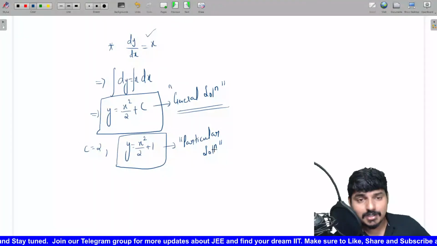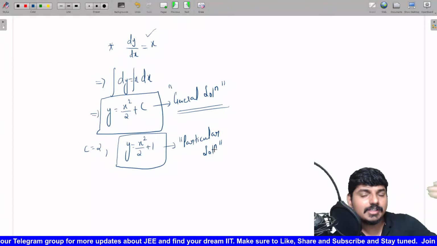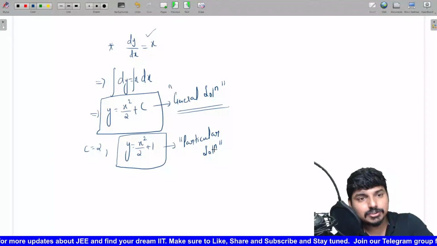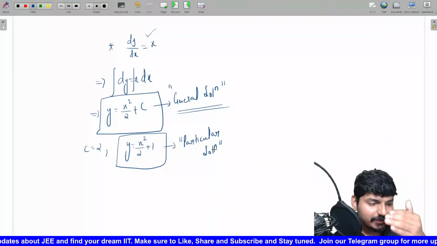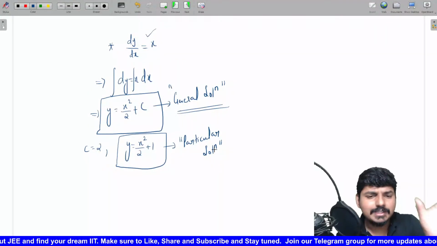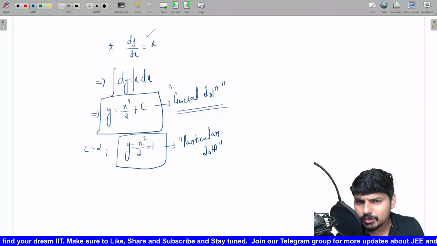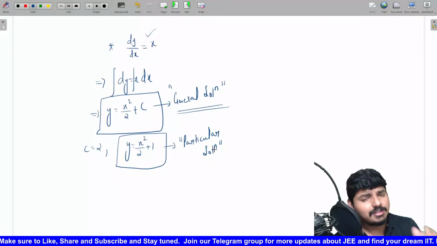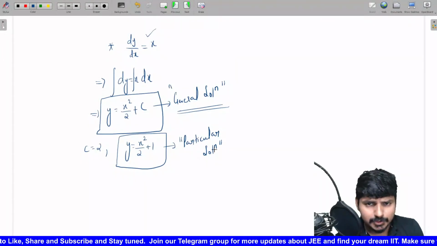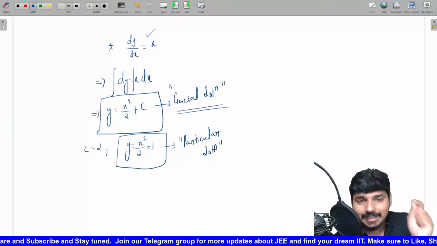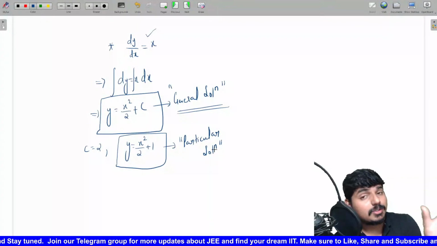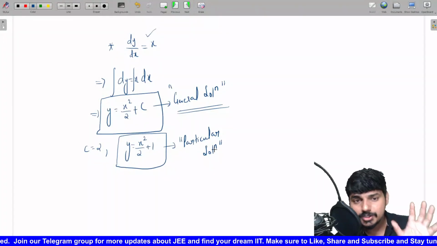So you have to understand the difference between general and particular. In the general solution, you have the arbitrary constant. In the case of a particular solution, you fix a certain value for c, c equal to 1, c equal to 2, it can be any value depending upon the initial condition, you'll get to know what the c value is going to be. So if you fix a certain value, that is going to give you a particular solution, everyone.